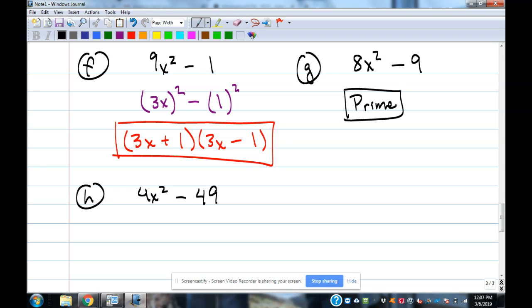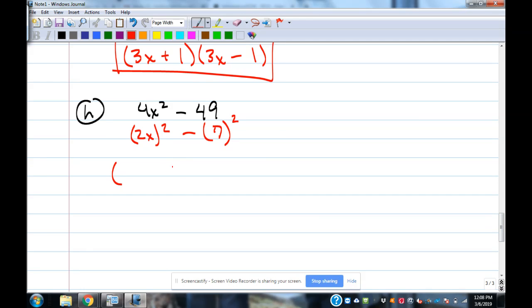So it's got how many terms? 2, and what kind of sign in the middle? Minus sign. So we're going to check it for difference of squares. Yeah, 4 is in the list and 49 is in the list. So that means these are square numbers. I can rewrite this as what? 2x and 7. So the factors are then 2x plus 7, 2x minus 7.